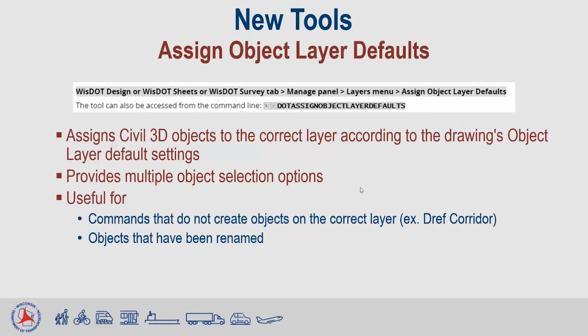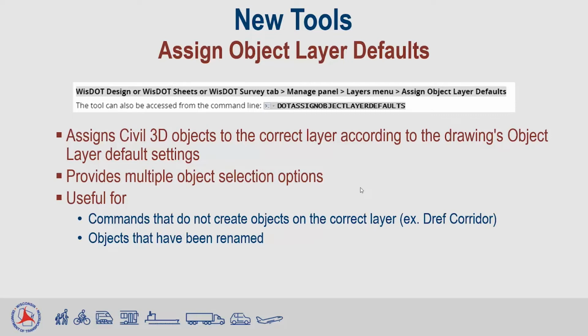It's useful for a few scenarios here. One thing that we noticed a little while ago is that when you data reference a corridor in Civil 3D, that data reference does not go on the correct layer according to the drawing object layer defaults. So this would correct that issue for you.